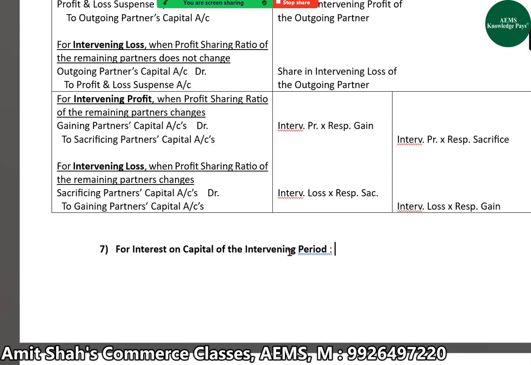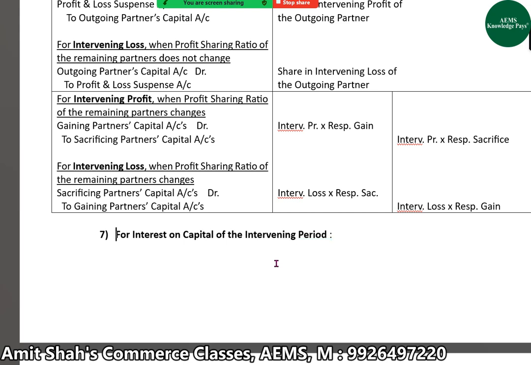Yes, sir. Okay, next adjustment, guys, is for interest on capital of the intervening period. Since the partner is retiring or has died not on year end, but on any day other than 31st March or 1st of April, till the time he was there in the firm, he is also entitled to interest on capital as per the partnership deed.